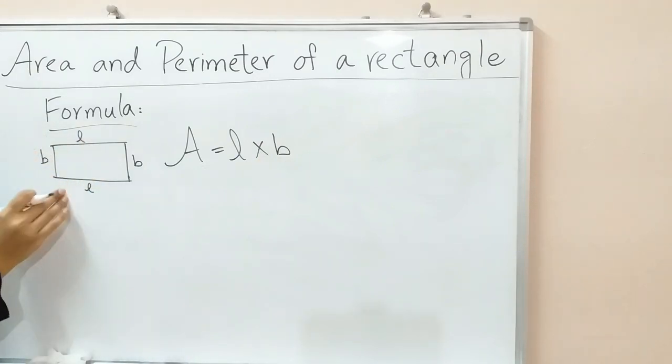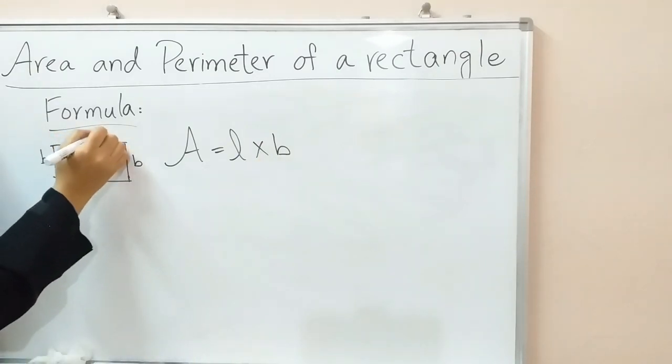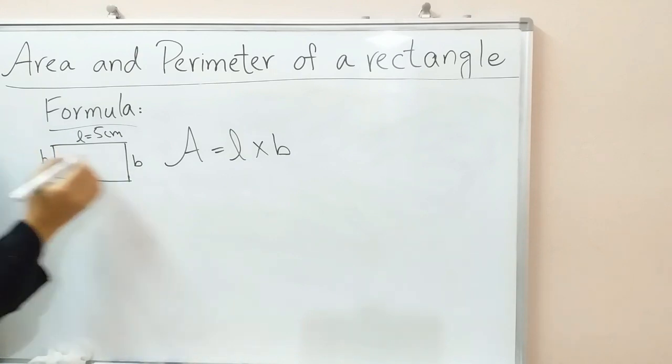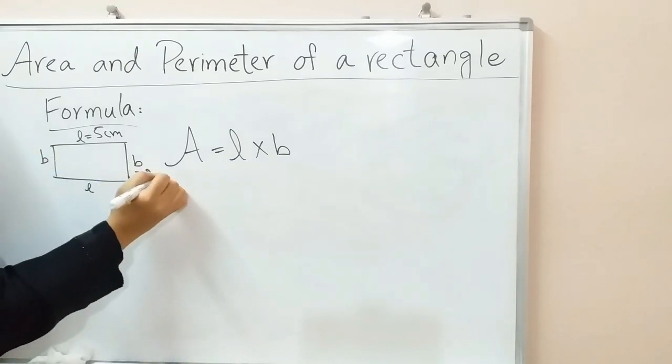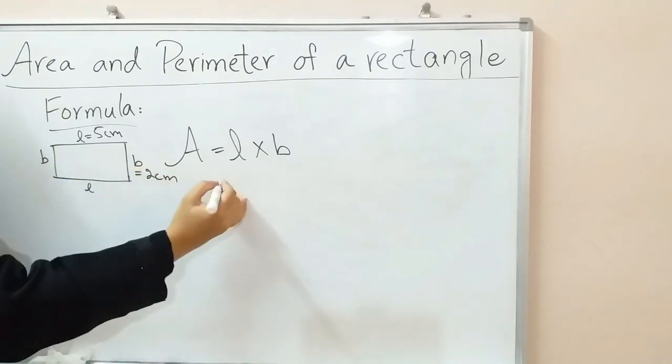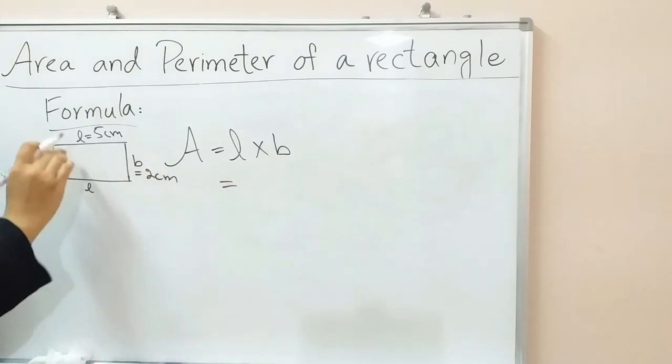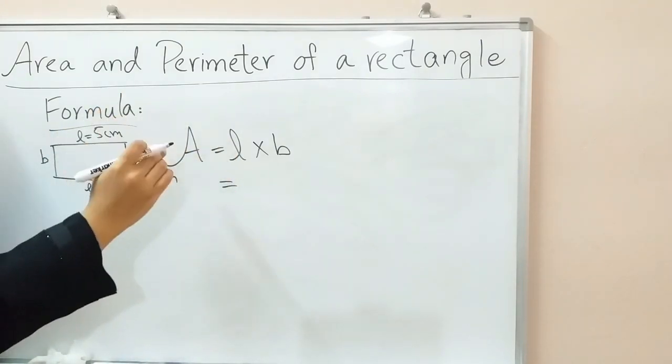For example, this rectangle has a length of 5 centimeters and breadth equal to 2 centimeters. So what will be its area? You have to put these values in this formula.